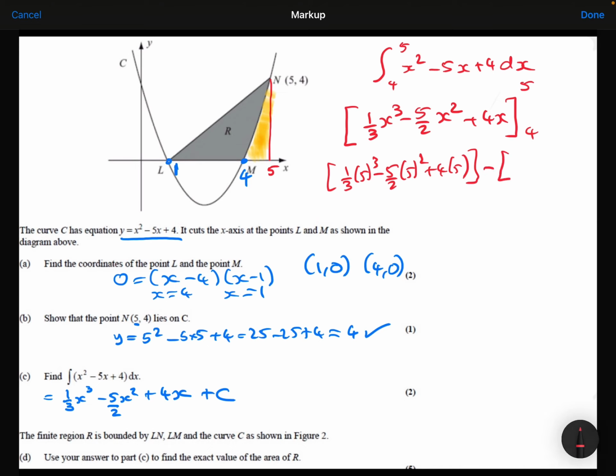We'll then substitute the 4 in and take them away. So when you do that, you find that that yellow area is 11 over 6.